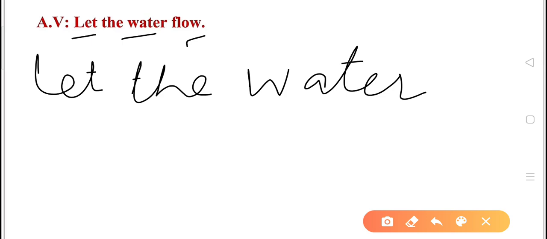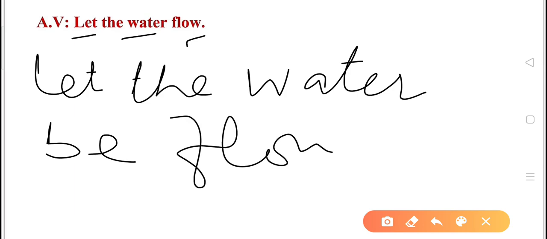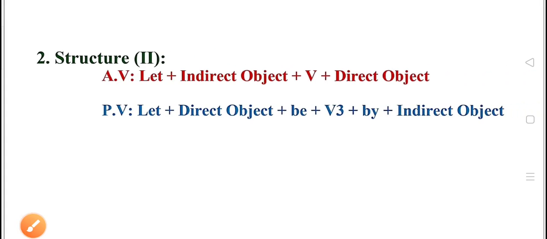Let the water, and then object is to be followed by be, and then the third form of the verb. Flow becomes flowed over here, and full stop. So let the water flow in passive becomes let the water be flowed. So this was category number 1, structure number 1.